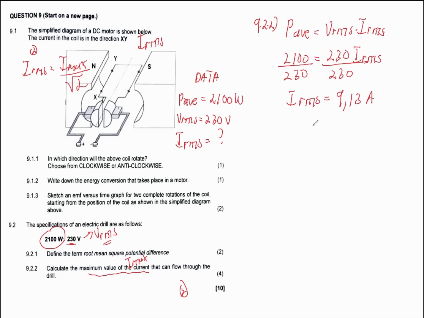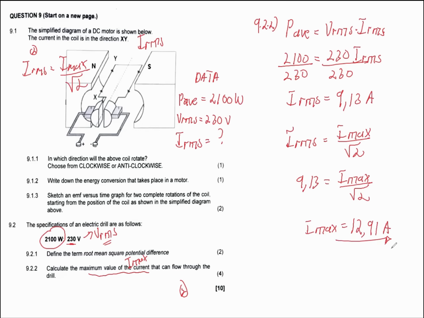And now to calculate our maximum, we're going to apply the second formula: IRMS equals Imax over root 2. Then this is 9.13 equals Imax over root 2. Cross multiply there. Imax is equal to what? 9.13 multiplied by root 2. This is 12.91 amperes. That's your maximum current. So 10 marks in the bag.